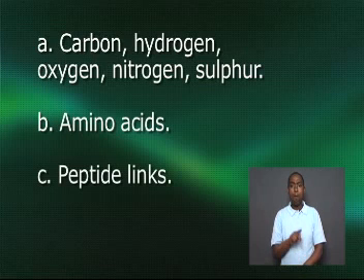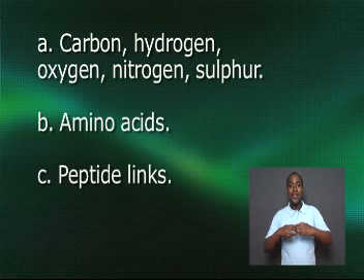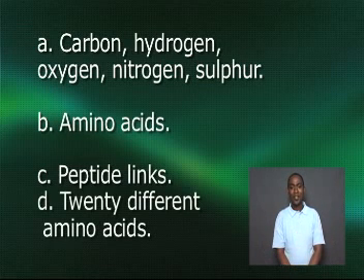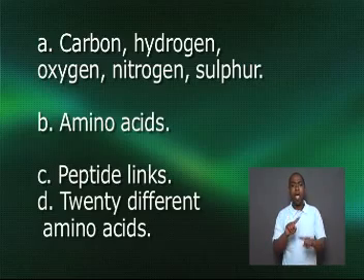Peptide links are the bonds that link amino acids. There are 20 different amino acids. Did you get each question correct? If so, well done. Now, let us move on to discuss the functions of proteins.